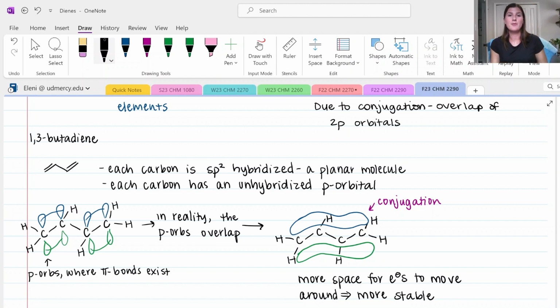So this is why we have a lower heat of formation for molecules that have this conjugated system.